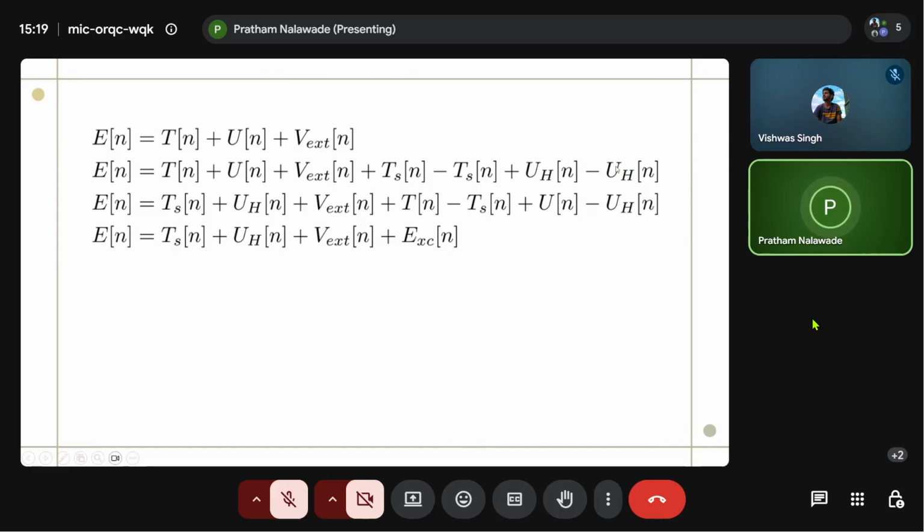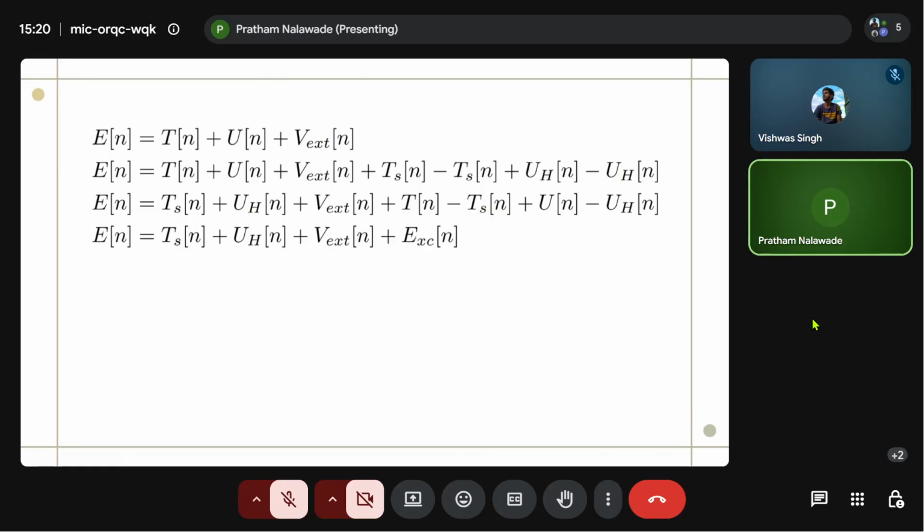So basically I'm picking the terms which I know how to write in terms of density, and the rest of the terms I'm throwing into one single term and calling it the exchange correlation energy. So now I know the first three terms, but I don't know the last term.